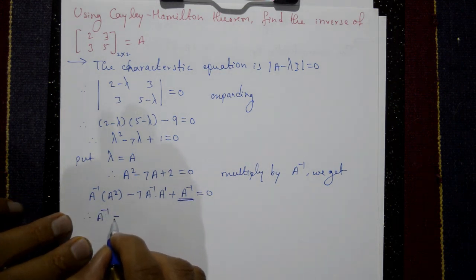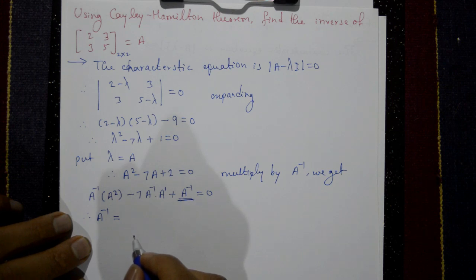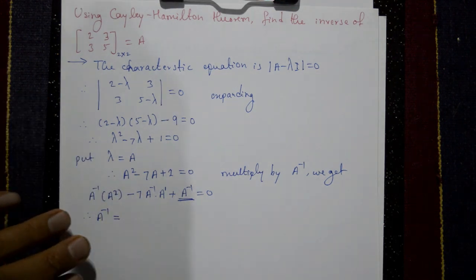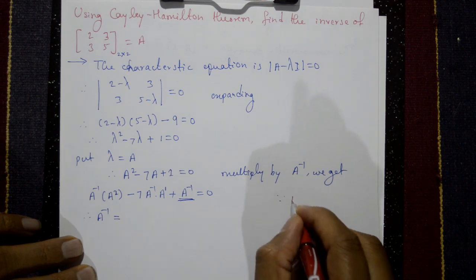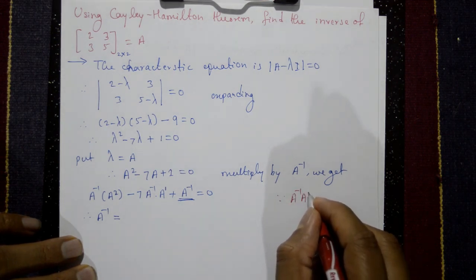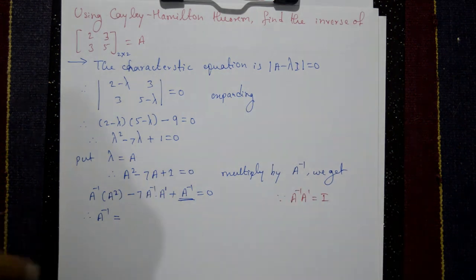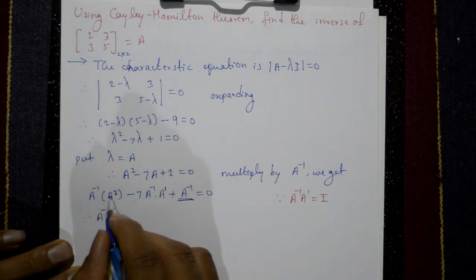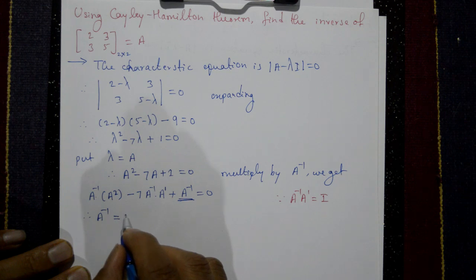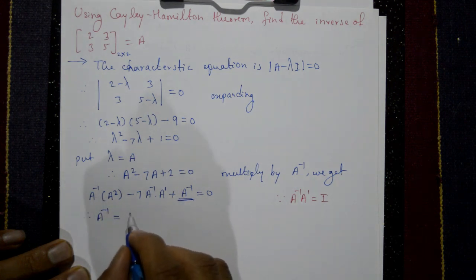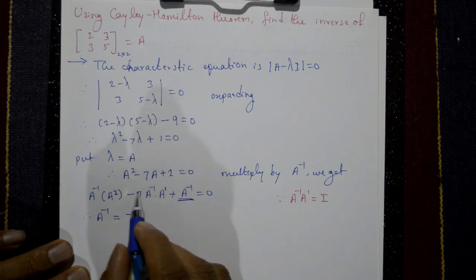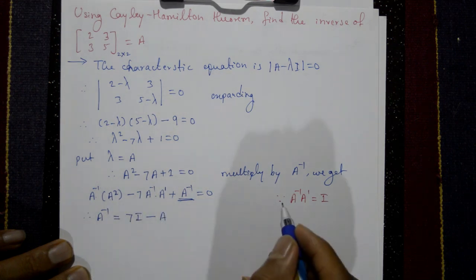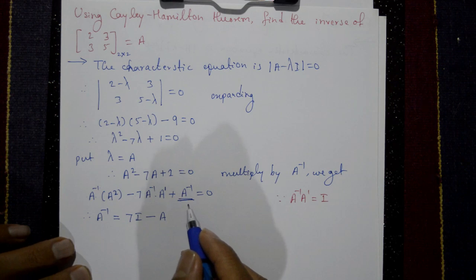Therefore inverse of A is equal to: since A inverse into A is I, the term minus 7I shifts to the right-hand side as plus 7I, and A inverse into A square is A, so minus A. These two shift to the right-hand side, the signs changed, minus to plus, plus to minus.